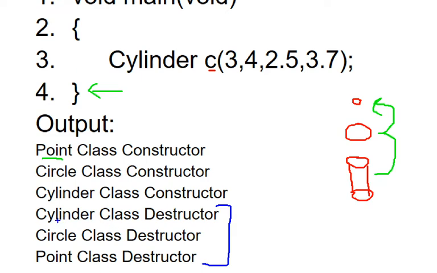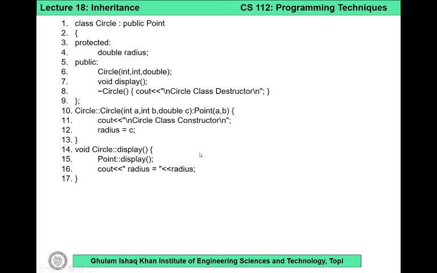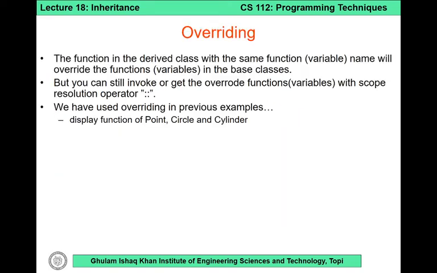First of all, the cylinder class gets destroyed, which was created last, then the circle class gets destroyed, and finally the point class gets destroyed. So I hope the order of execution of the constructors and destructors is clear to you, right?